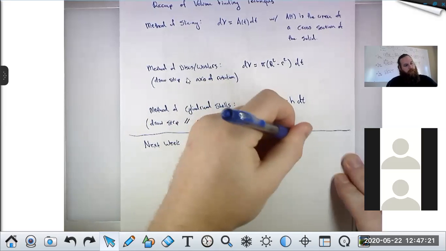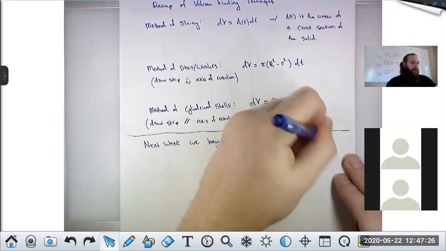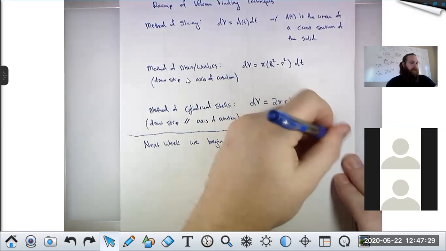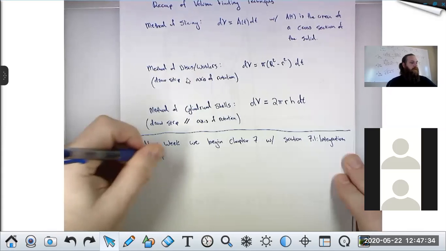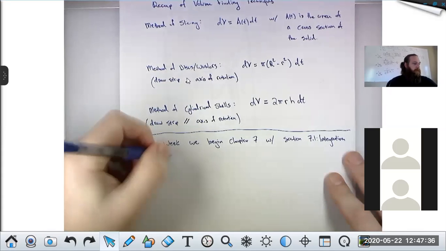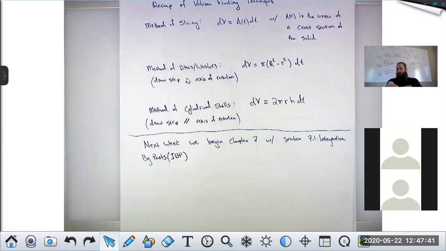Section 7.1, and that's on integration by parts, which I'll abbreviate often as IBP. What it really is, is a backwards product rule. Things that you would differentiate using the product rule are things that you would integrate often using integration by parts. Chapter 7 is all about techniques of integration.